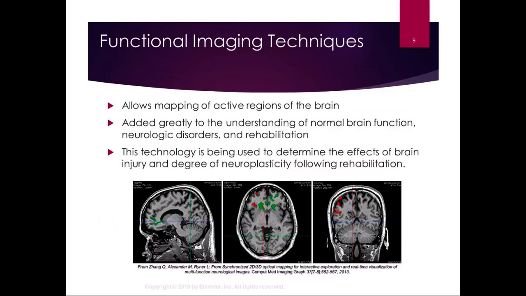So functional imaging techniques, they allow mapping of active regions of the brain, and they actually detect changes in oxygen levels in neurons. So the thing that's interesting about functional MRI studies and functional imaging techniques in general is they really add to the understanding of normal brain function and neurological disorders and rehabilitation, like how is the rehabilitation affecting their brain function.